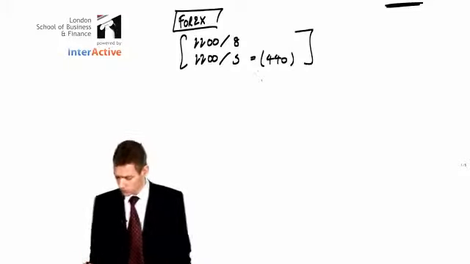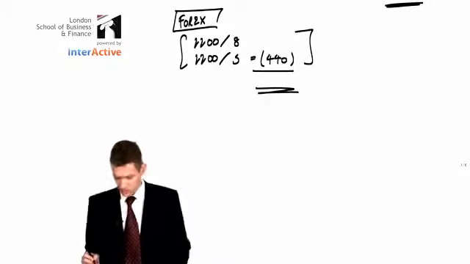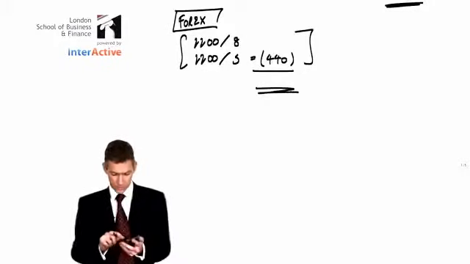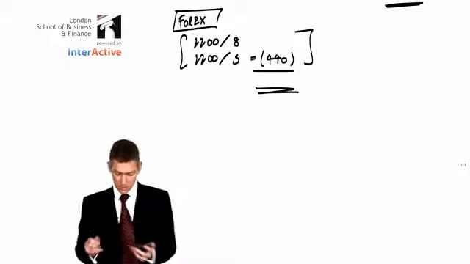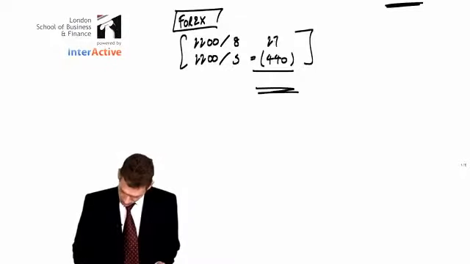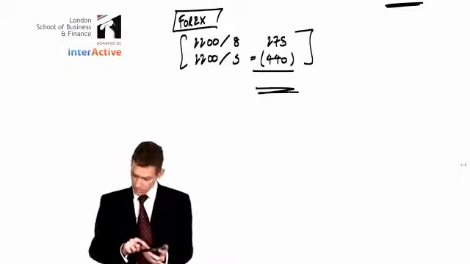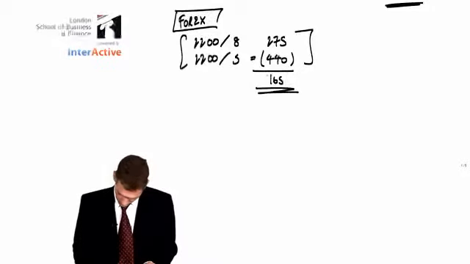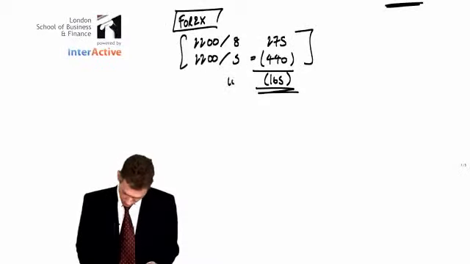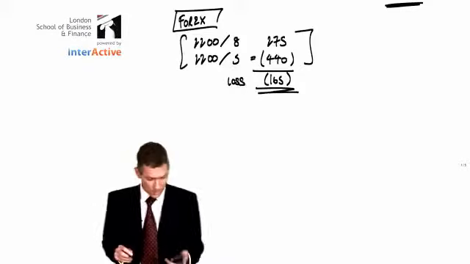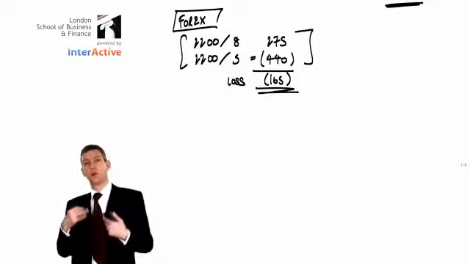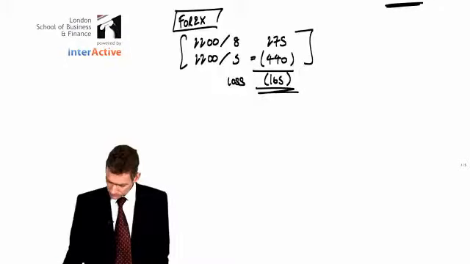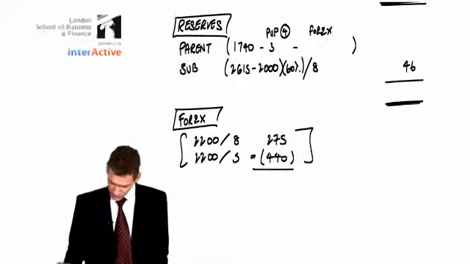But what's the unrecorded loss? That's what we need to find out. So it does look like a loss, doesn't it? 2,200 divided by 8 is 275. Quite a big loss. Minus 440, 165. So there's an unrecorded parental loss on the investment in J of 165, and we're going to record that unrecorded loss. So 165 goes in there.